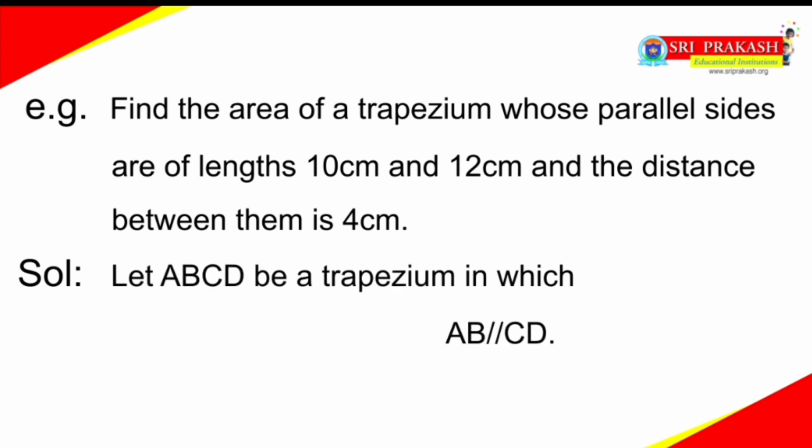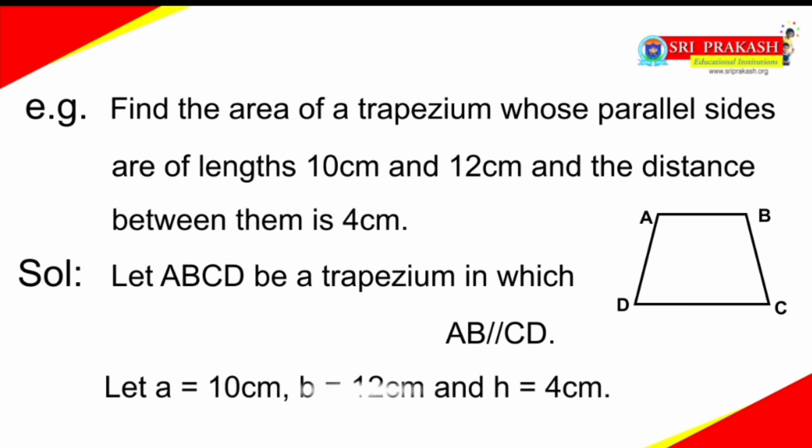Let ABCD be a trapezium in which AB is parallel to CD. Next, the lengths of parallel sides are given as 10 centimeters and 12 centimeters, so let a is equal to 10 centimeters.